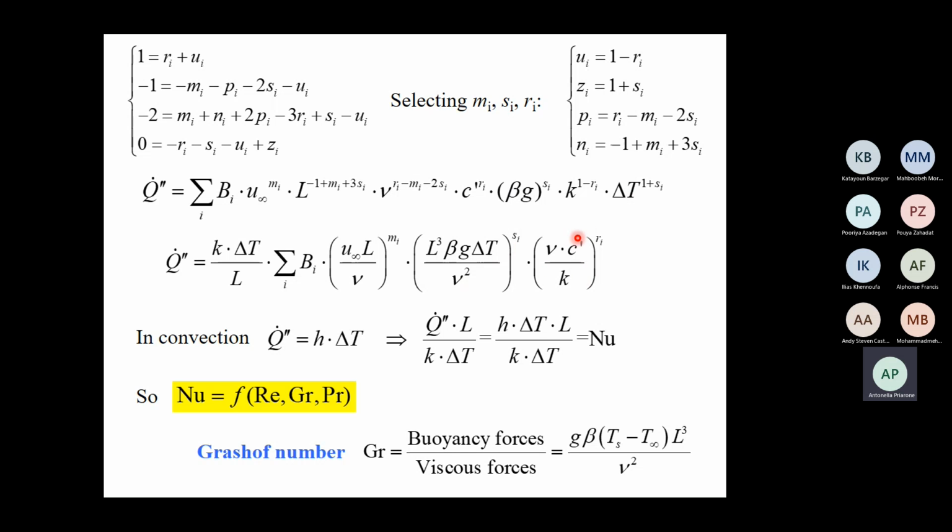And finally for R, I have Ni here, then I have minus R for K and R for C. So the number will be in bracket Ni C first divided by K, all to R.